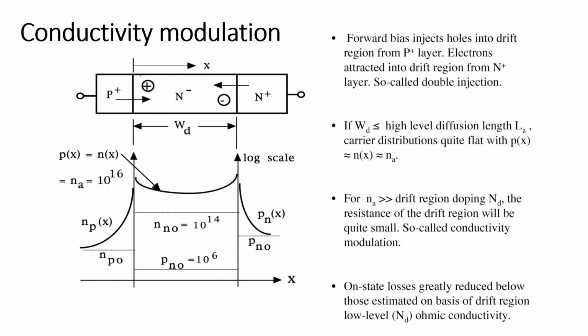Now because of this process, the n minus region is filled with a large number of free charge carriers, right? It is filled with delta p from the left hand side, and it is filled with delta n from the right hand side.